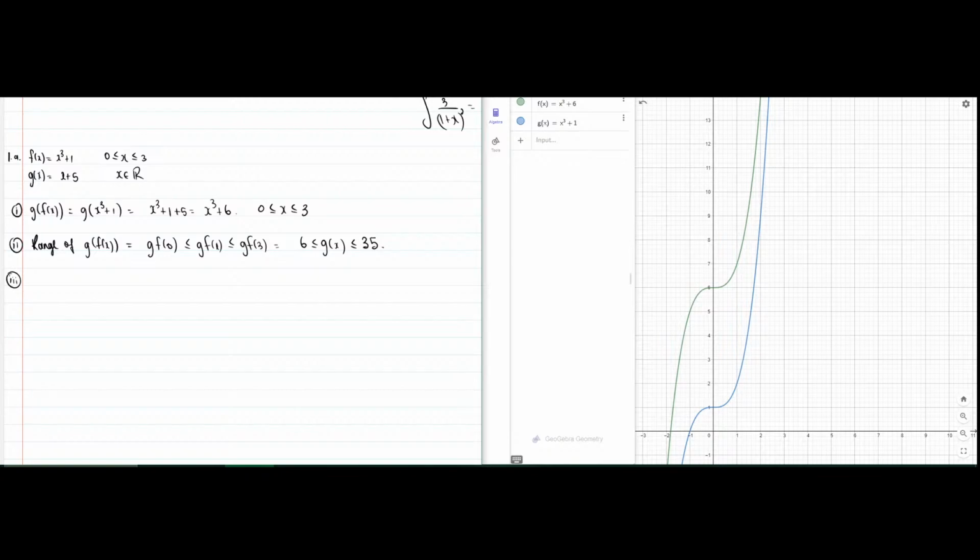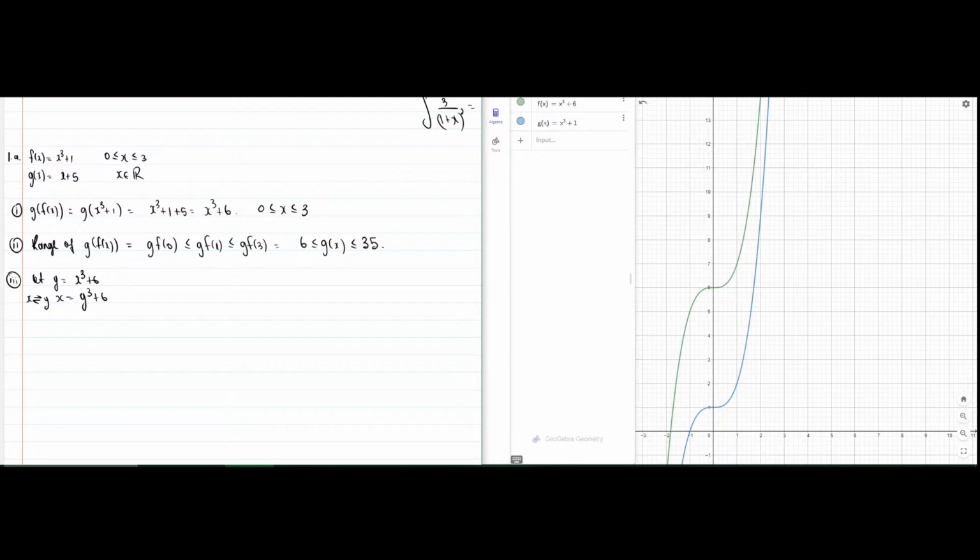Determine the inverse of gf of x. Well, let y be equal to the function, which is x cubed plus 6. Interchange x and y. I get x is equal to y cubed plus 6.